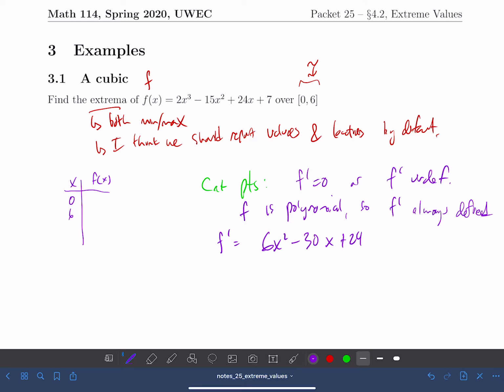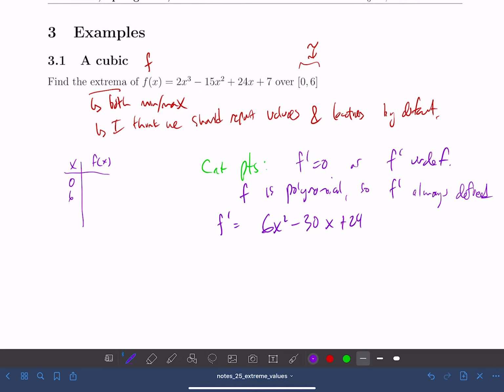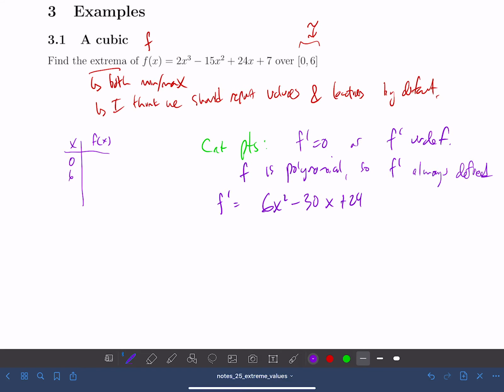And I'm not going to write 0 equals that, because that's not true, because f prime is this function. And then the critical points are where the thing is equal to 0. So it's true that f prime of c equals 0 equals 6c squared minus 30c plus 24.